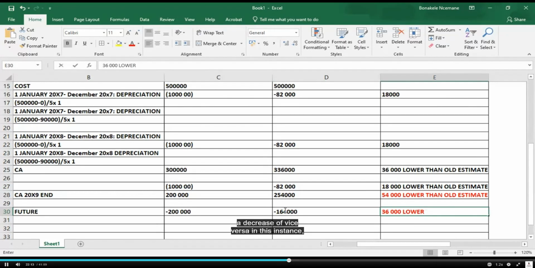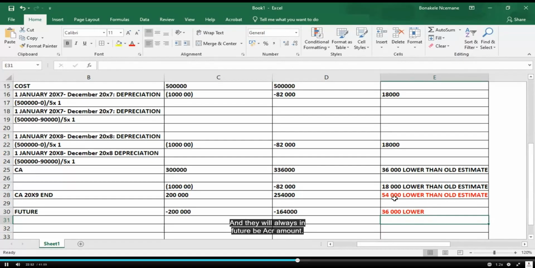In this instance, because it is the residual value that changes, a higher residual value means that there will forever be a lower depreciable amount. If you've got a lower depreciable amount because of a change in estimating the residual value, it means your depreciation is going to be permanently lower. Hence, we have lower again, even in estimating the future depreciation.